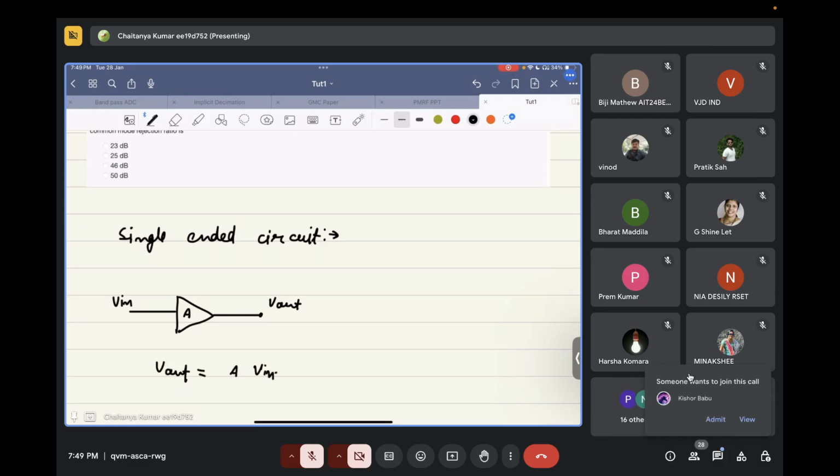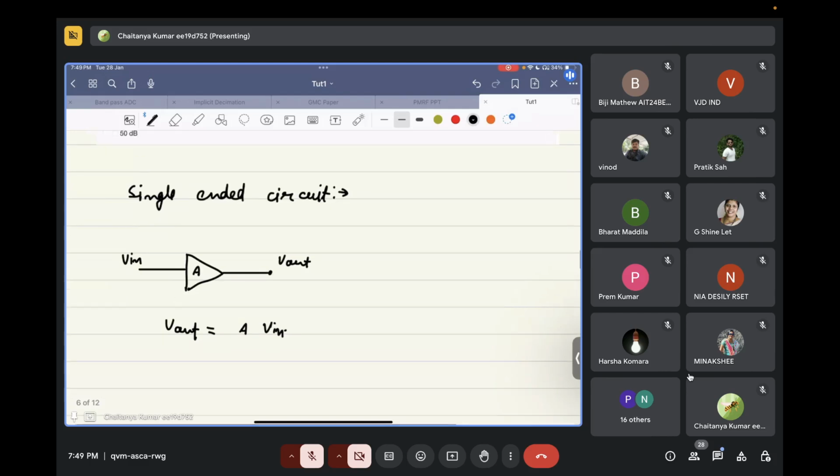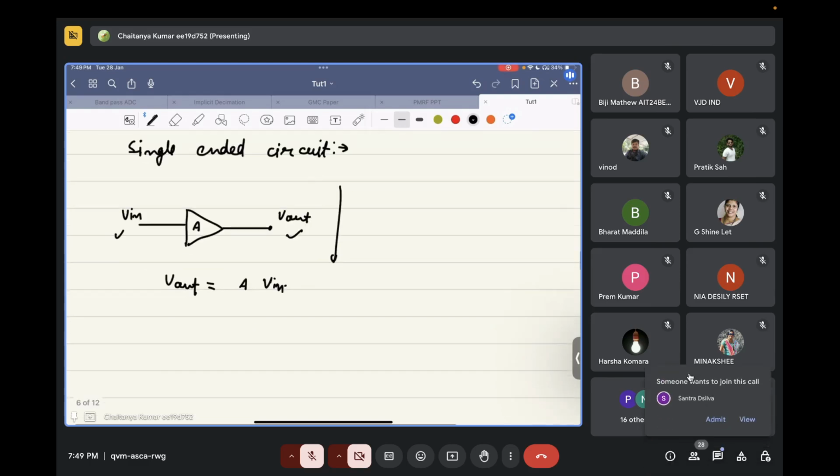This is a single-ended circuit: we have a single-ended input, and a single-ended output. Now, what is a differential circuit?